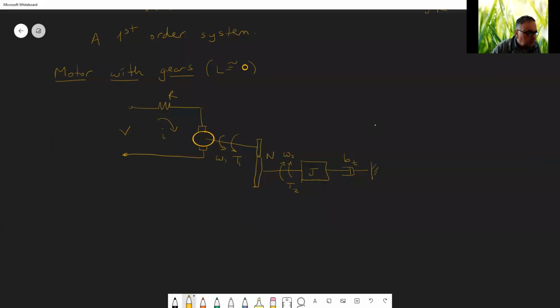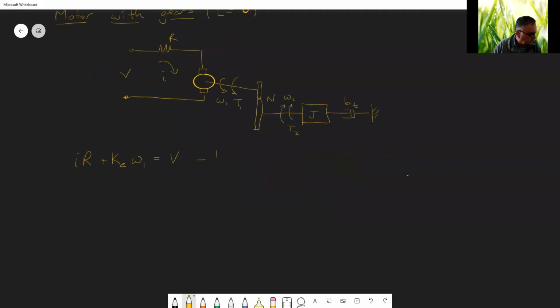The electrical equation looks like IR plus KE times omega 1 equals V. This is the first equation. Then we have the gear equations. Omega 2 is equal to 1 over n omega 1.